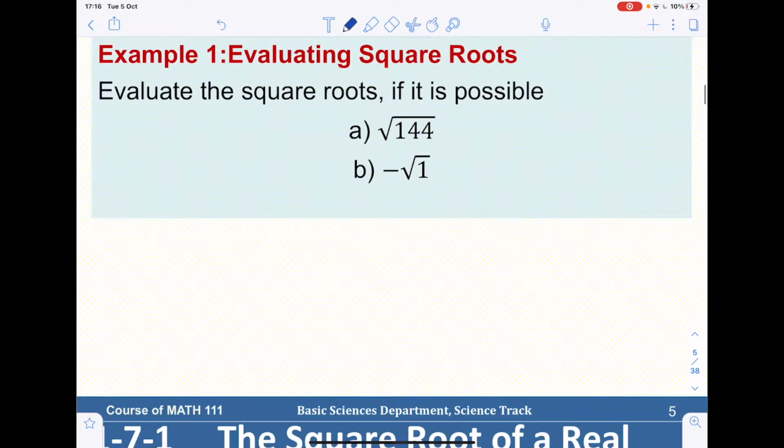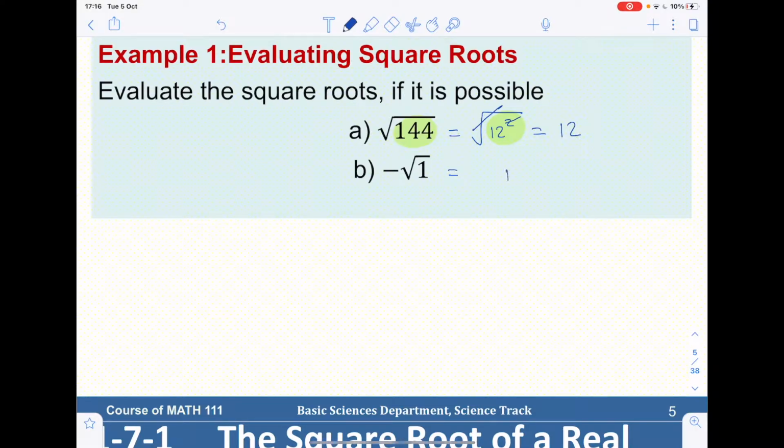An example here: what is the square root of 144? So 144 is 12 to the power 2. So I can just replace 144 with 12 to the power 2. Now we said that the square root would cancel the power 2, so we're left with 12. Same thing with the root of 1.